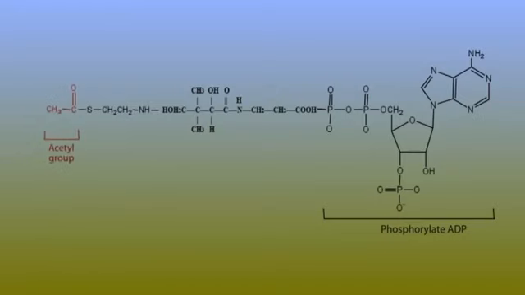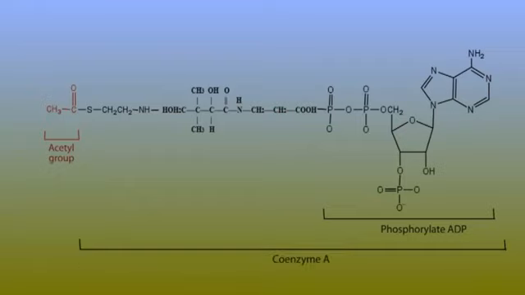This in turn is joined to beta-mercaptoethylamine through an amide linkage. The coenzyme form is known as coenzyme A to denote its role in acetylation reactions occurring in fatty acid synthesis and oxidation.